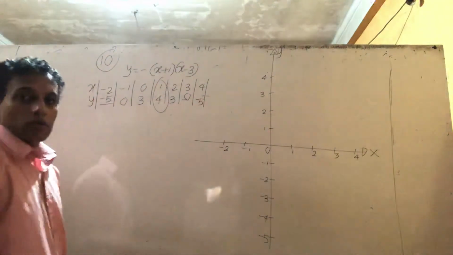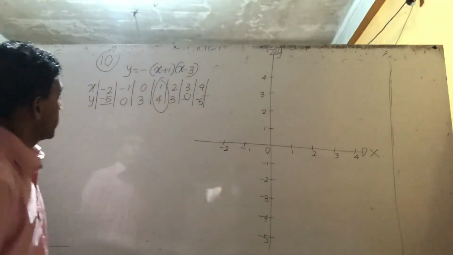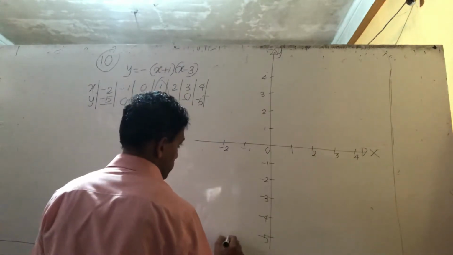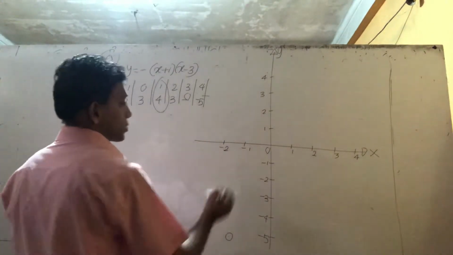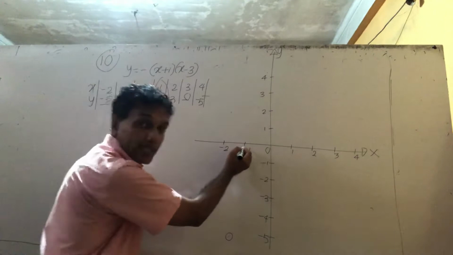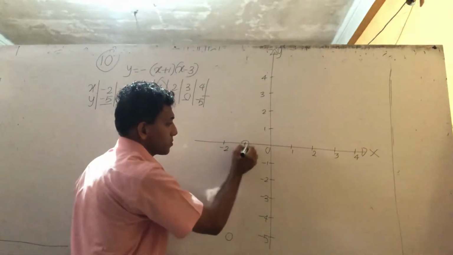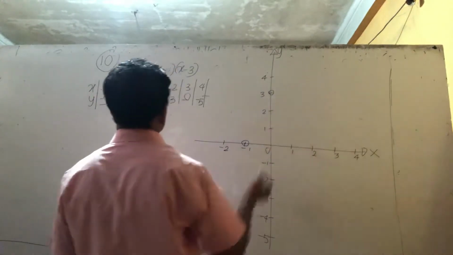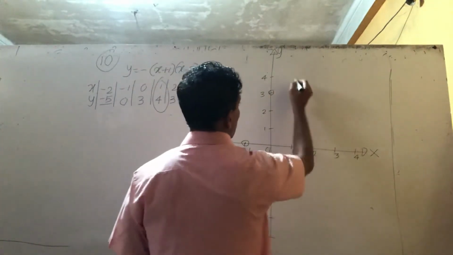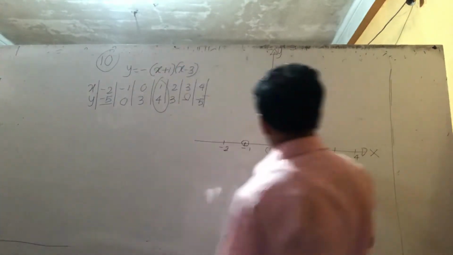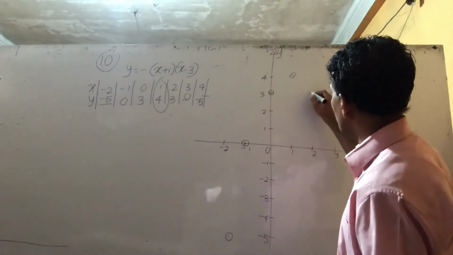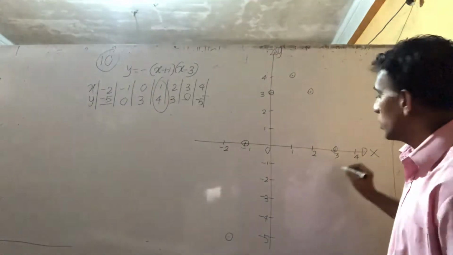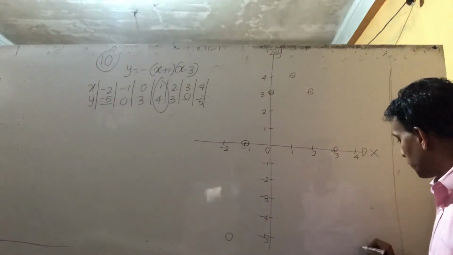Now mark the values: x minus 2, y minus 5; x minus 1, y 0. Y 0 means x-axis. x 0, y 3; x 1, y 4; x 2, y 3; x 3, y 0; x 4, y minus 5.